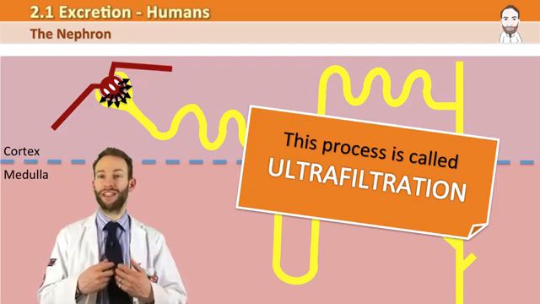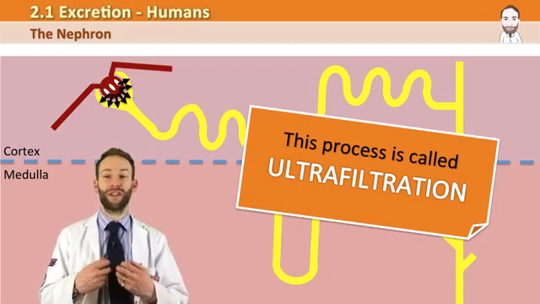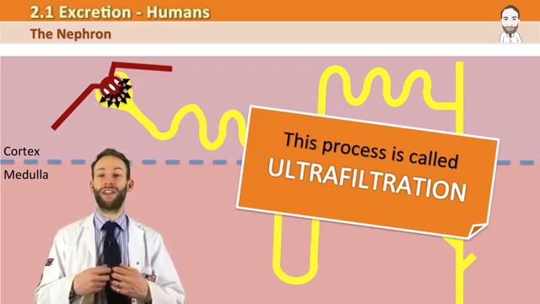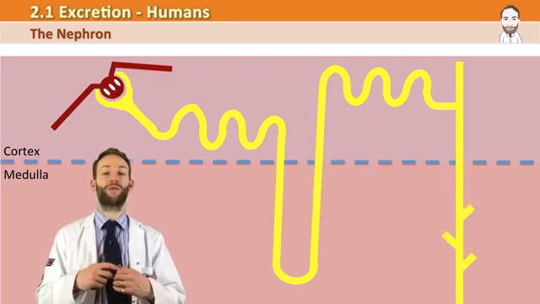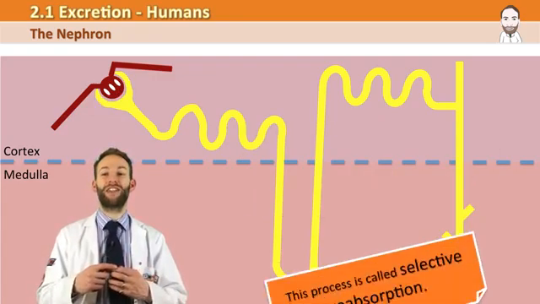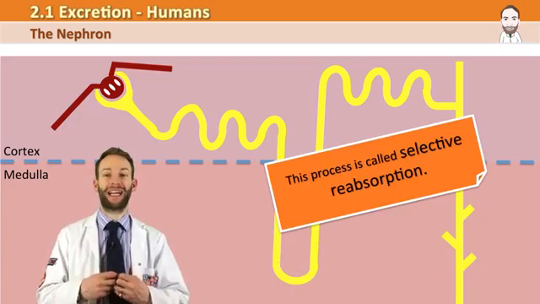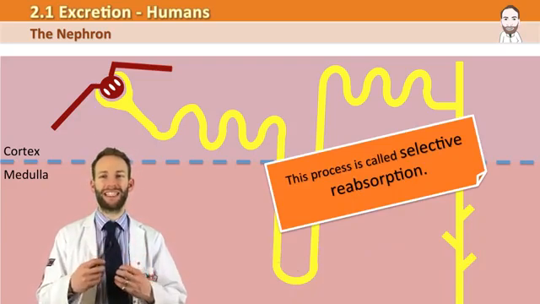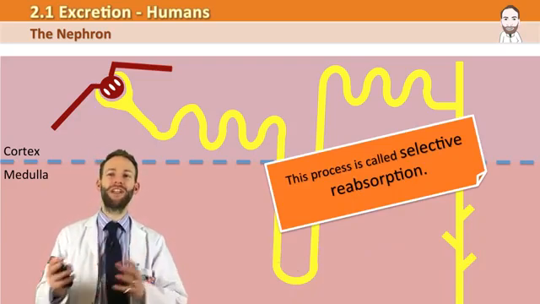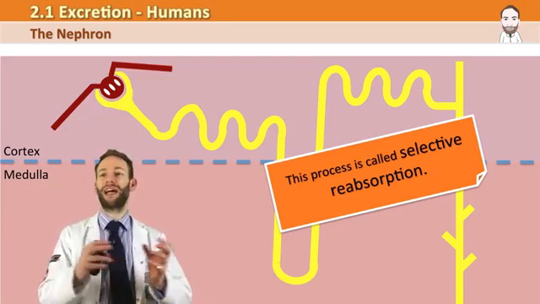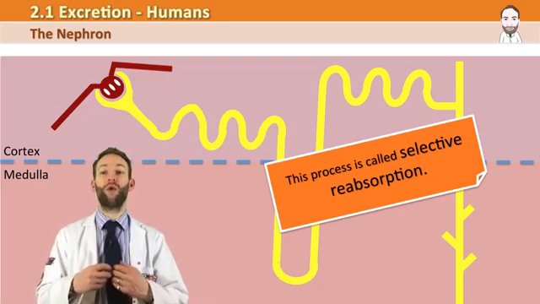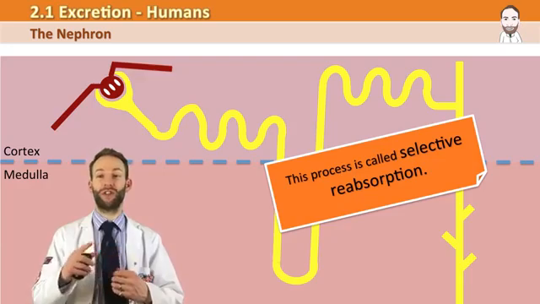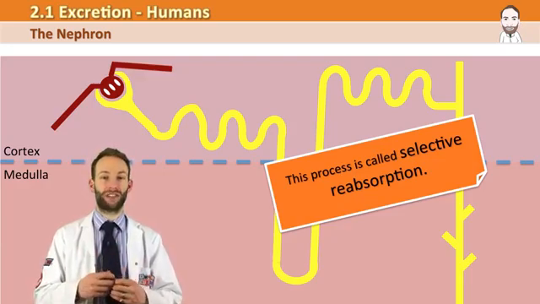There's lots of good stuff in there that we need to keep in the body. So the next part of the nephron, pretty much the whole length of this wiggly tube, is dedicated to taking the good bits back into the blood. It's a bit of a clunky system really. We're getting rid of too much and then taking back the bits we want, so that all we're left with at the end of this tube are the waste products.